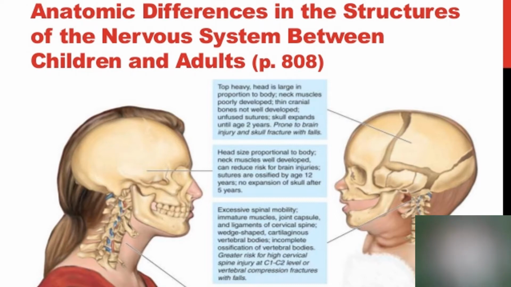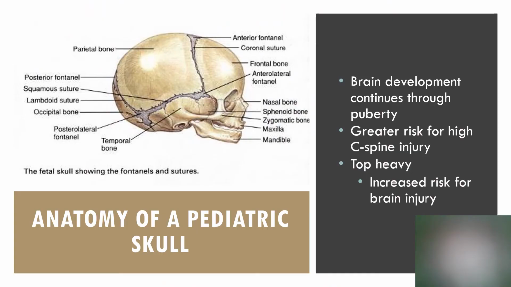There is also a lot more spinal mobility in infants because they have still immature development of muscles and ligaments in that cervical or C-spine area. So that can also lead to potentially more injuries in that area of the body because of that lack of full development yet.